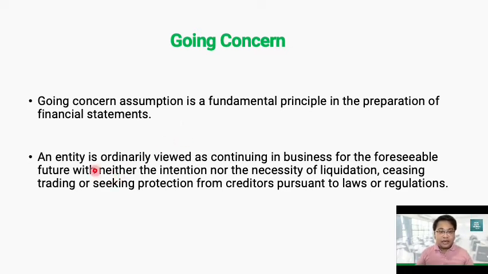Now, an entity or a company is ordinarily viewed as continuing in business for the foreseeable future with neither the intention nor the necessity of liquidation, ceasing trading, or seeking protection from creditors pursuant to laws and regulations.